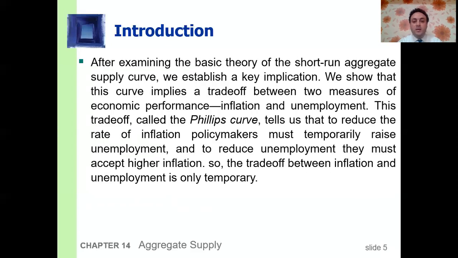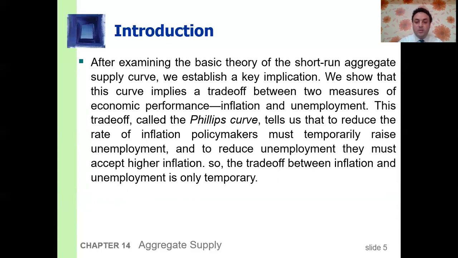After examining the basic theory of the short-run aggregate supply curve, we establish a key implication. We show that this curve implies a trade-off between two measures of economic performance, inflation and unemployment. This trade-off is called the Phillips curve, if you remember, which tells us that to reduce the rate of inflation, policymakers must temporarily raise unemployment, and to reduce unemployment, they must accept higher inflation.